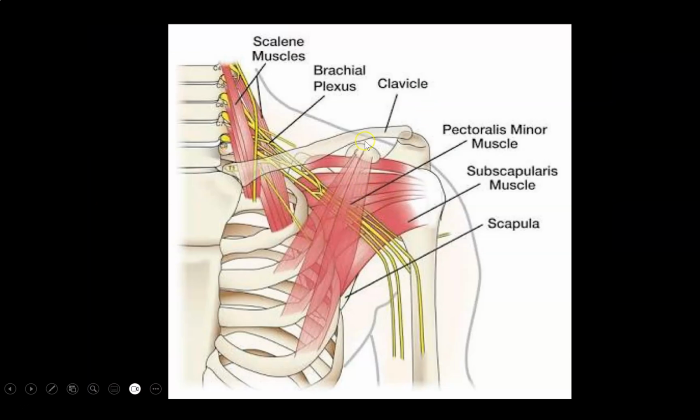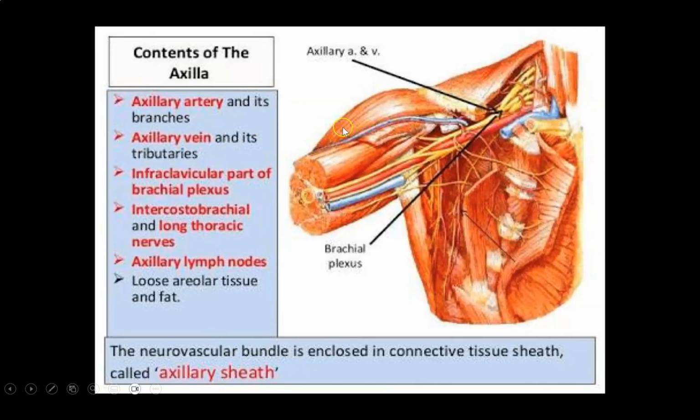Again, after removal of the pectoralis major, we find the pectoralis minor and the brachial plexus giving the cords under cover of the pectoralis minor, medial to and below the coracoid process.